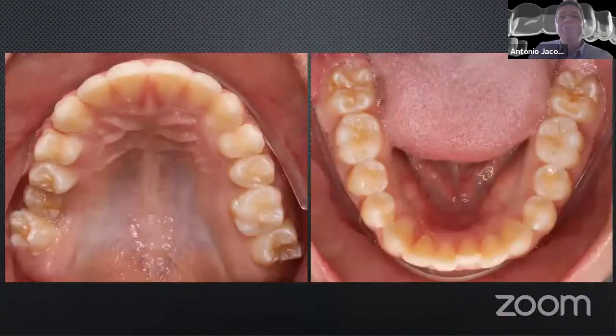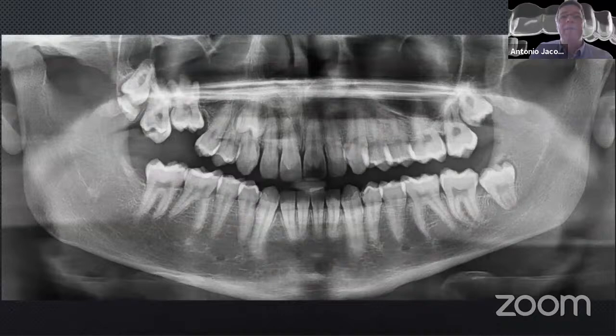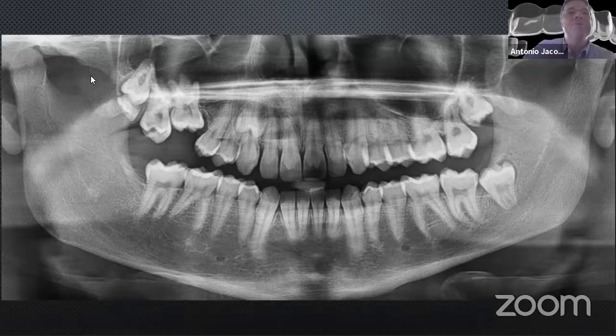And now I just try to make a good diagnosis. So we see that he has a supernumerary premolar between the canine and the first premolar on the palatal side, and also a supernumerary in the position of the third molar.